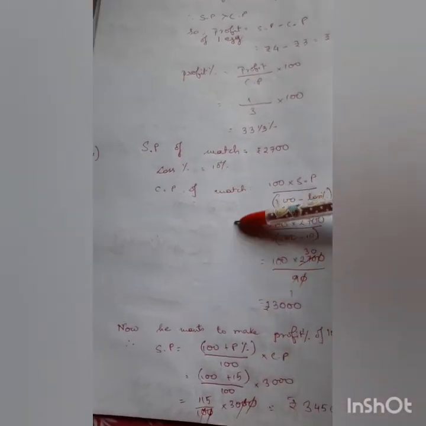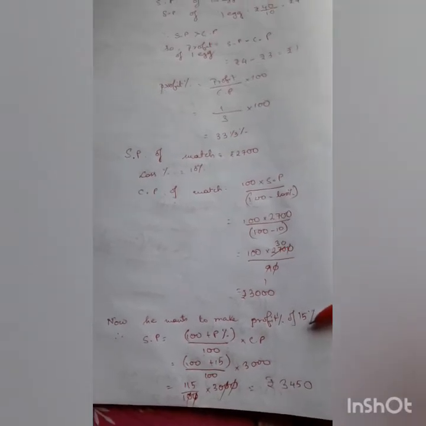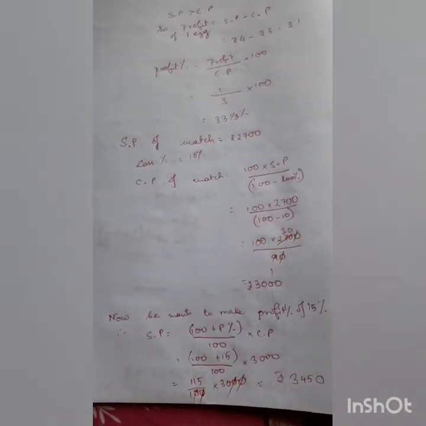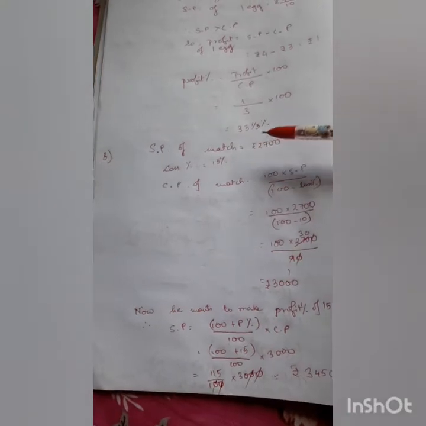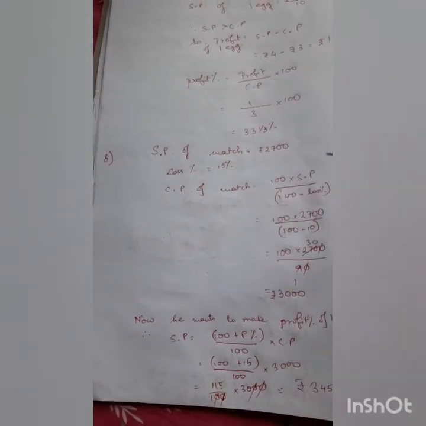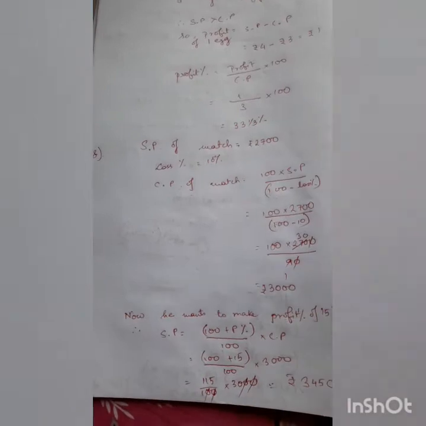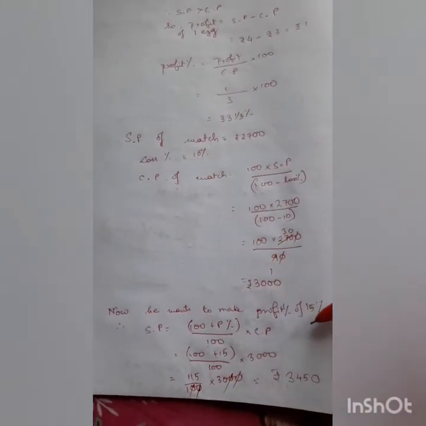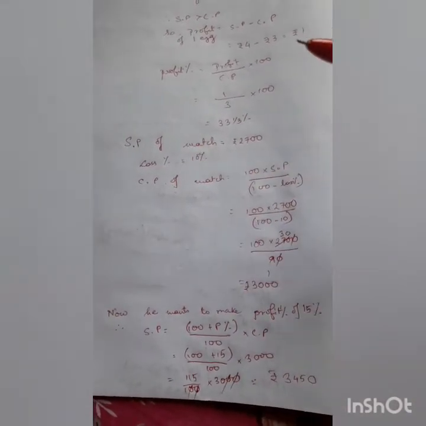Now he wants to make a profit of 15%. I will now take this CP and this profit percent and find out his SP. Now see, we are going step by step. As I have SP and loss percentage given, from the formula I will find out CP first, because the cost price of the watch will remain the same no matter how much profit or loss percentage I make.